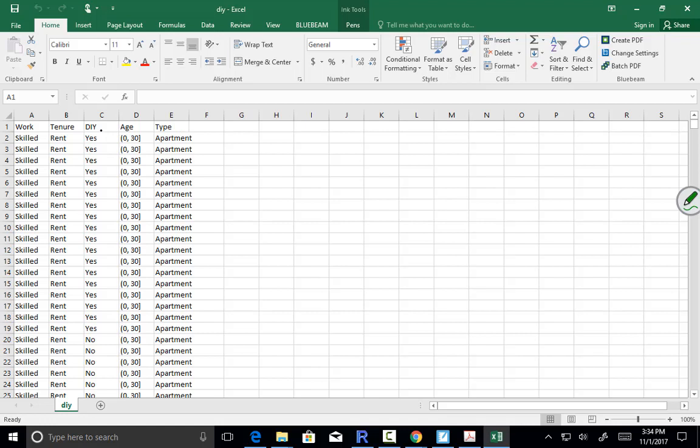So here we have this DIY variable that somebody has gone through for each customer and characterized them. Yes, this individual buys DIY type stuff, or no, they don't. We have age in categories, and we have the type of home. Is it an apartment or is it a family residence, like a house?